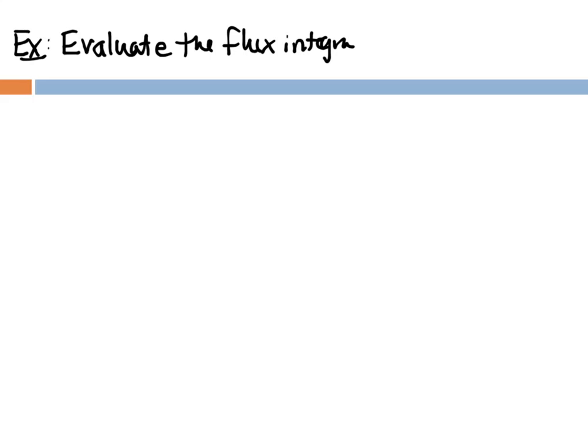All right, so our example that we're going to work with has the following directions. Evaluate the flux integral, which is the double integral over the surface S of F dot n dS.